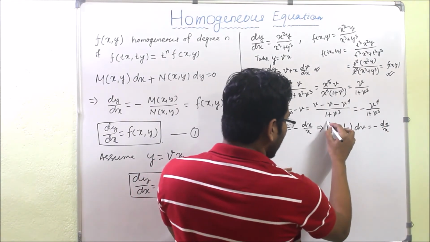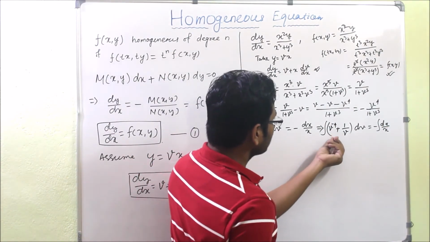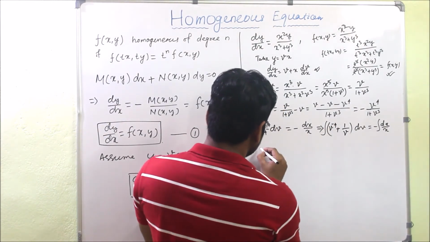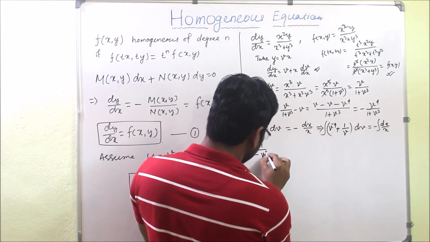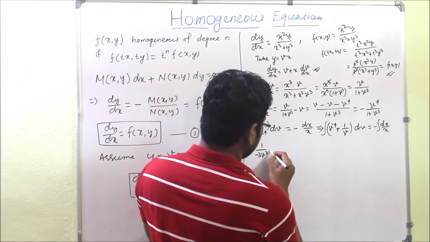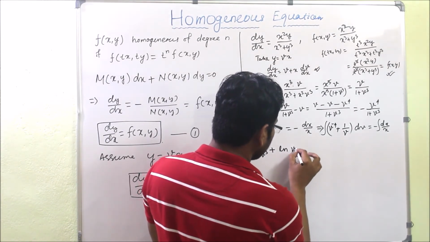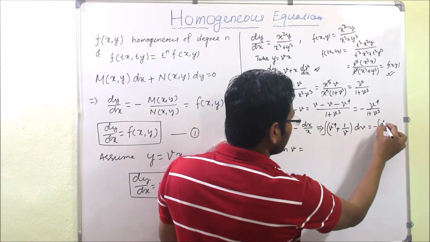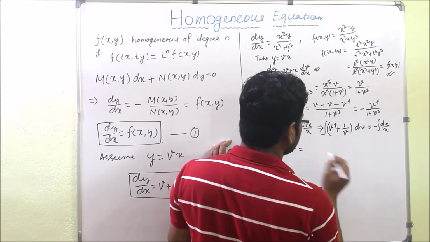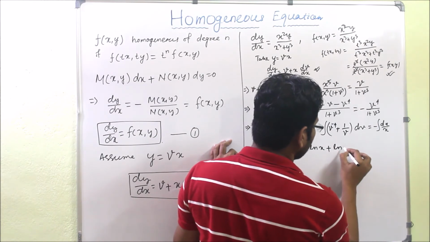So we have to apply integration on both sides. The integral of v to the power minus 4 will be 1 by minus 3 v to the power 3, plus the integral of 1 by v dv will be ln v. This equals the integral of minus dx by x, which will be minus ln x plus a constant, and that constant I can write as ln c.